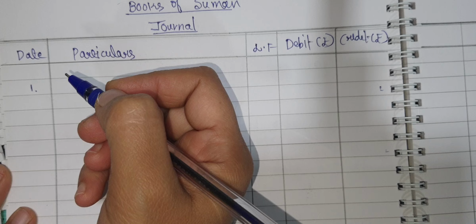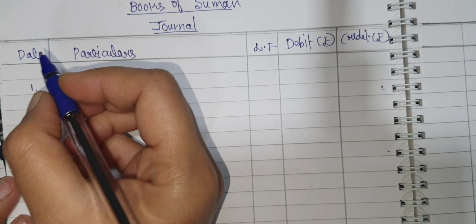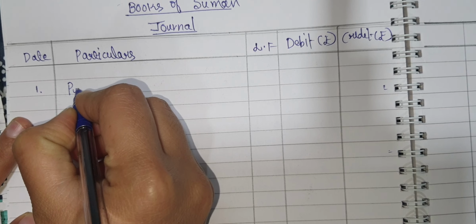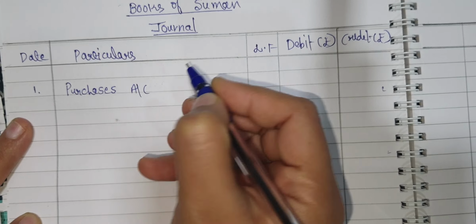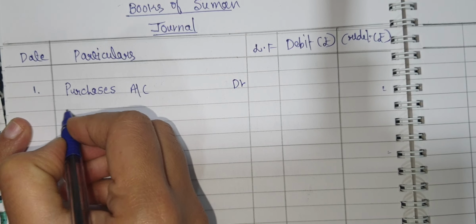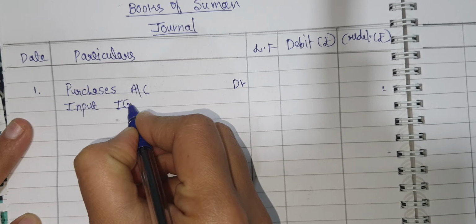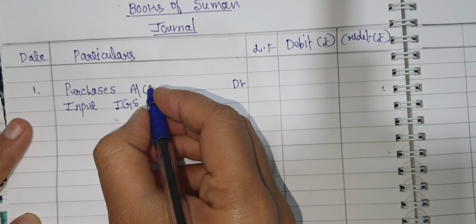The journal entry for this interstate transaction, the purchase of goods from Jharkhand, is purchases account debit, input IGST. Why? Because we purchased goods from Jharkhand.